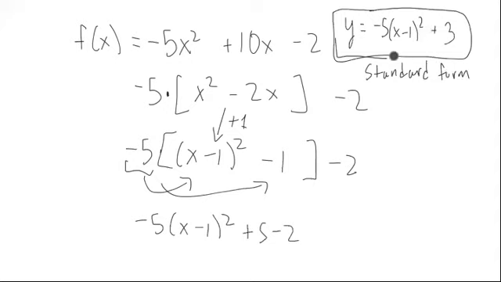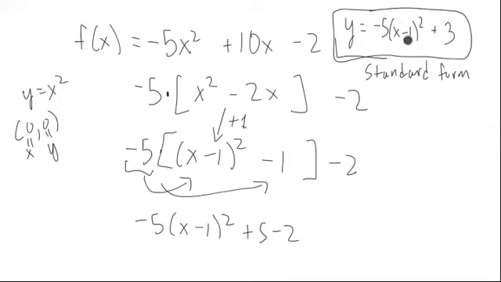Okay, now this helps us figure out what the max or min of this function is. So let's think about this. y equals x squared has a vertex of (0, 0). Its minimum is 0 at x equals 0. The y value is 0, that's the what, and x equals 0, that's the where. But how has it changed in the transformation?